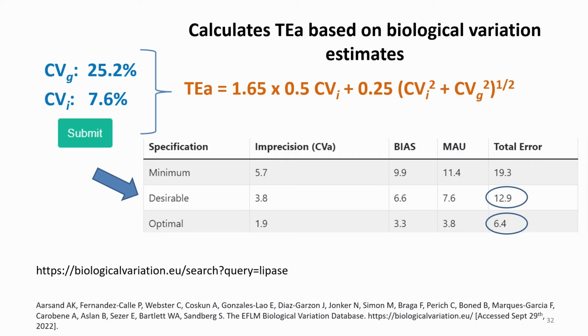Here we see for desirable, the total error goal is 12.9%, and optimal is 6.4%. I considered how lipase is used in my laboratory, the clinical utility, and decided to choose the midpoint, which is 10%. So that's how I figured out what to put in this tool to tell techs whether or not to issue corrected reports.